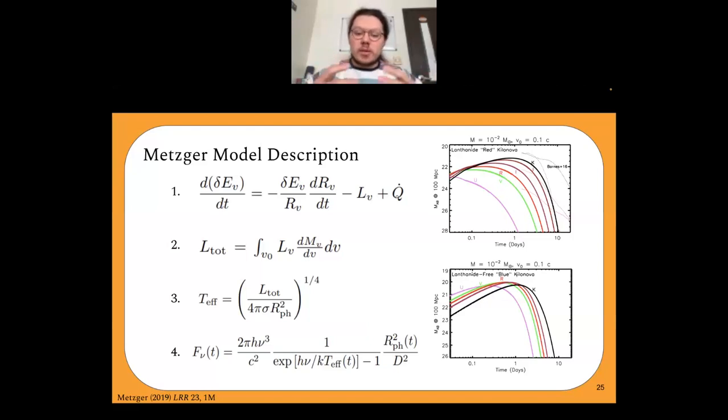We're not going to change anything in how we approach the problem, other than including a third radioactive heating component, which we want to boost the blue flux in our spectra.